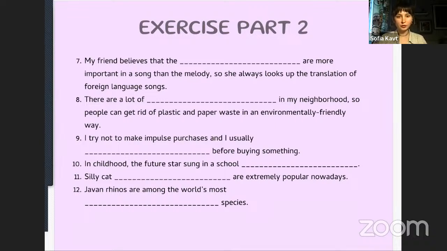Yes, number seven is correct. Number eight is correct as well. Number 11 is right.